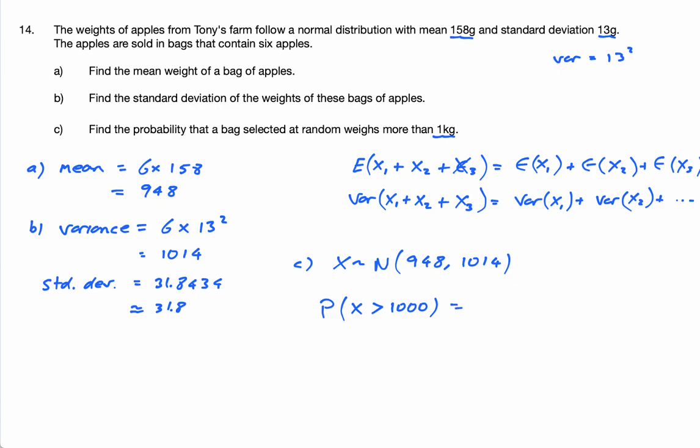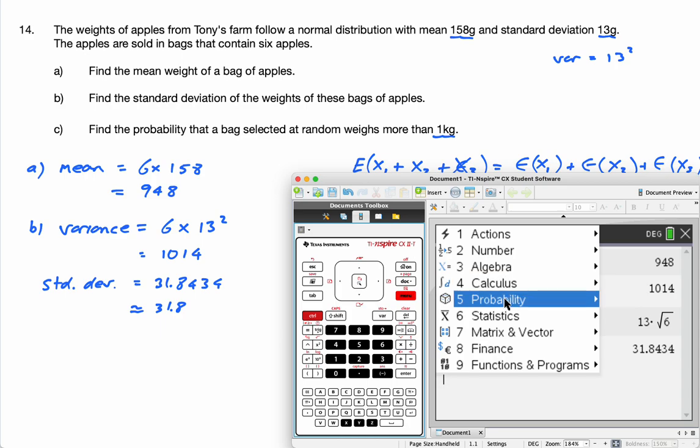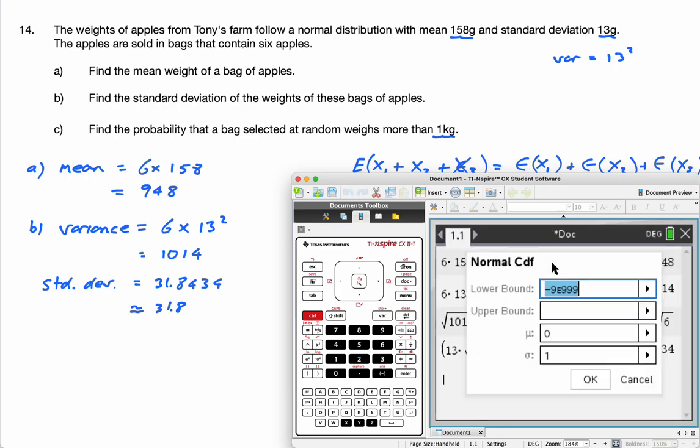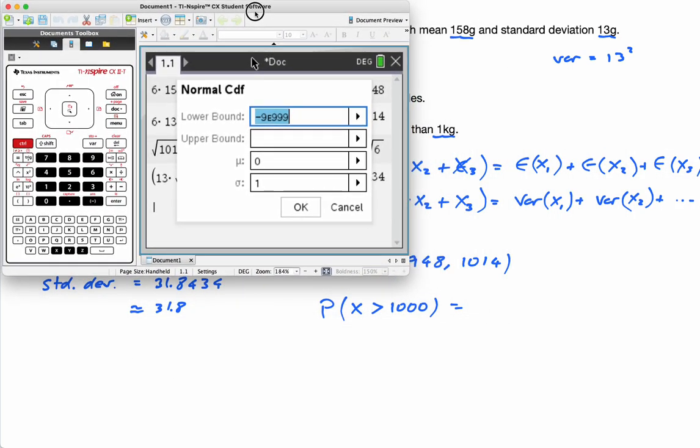And this is going to be, so I need to go into menu, probability, distributions, normal CDF. My lower bound is 1,000 and my upper bound is 999999999. That's enough.